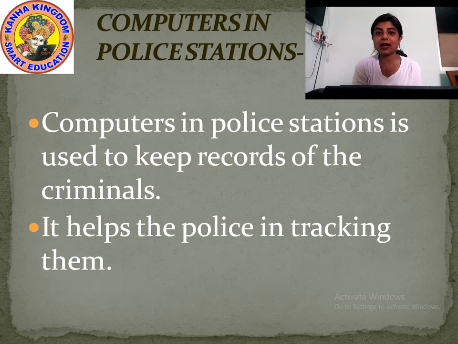If the criminals are hidden somewhere, with the help of these computers, police can easily find out the criminals. Understood? The thief, the criminal, if they are hiding somewhere, with the help of computer, they can track their location and they can find out the criminals. Okay?